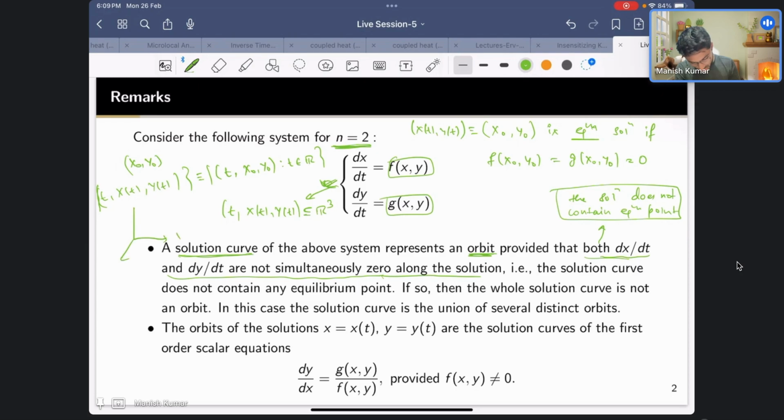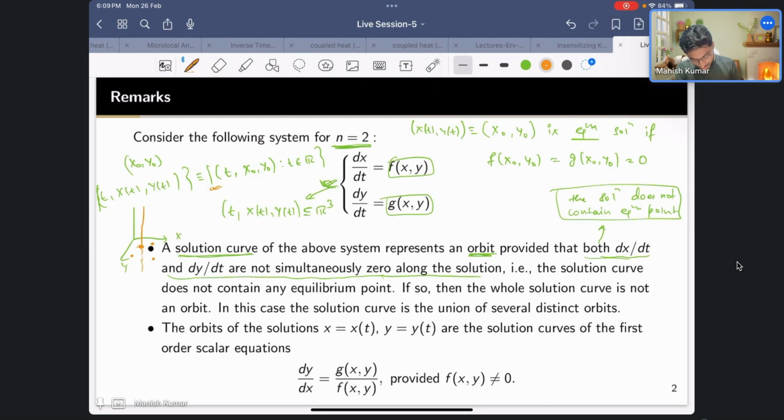suppose this is x, this is y. If you increase the value of t, whatever value x naught, y naught, suppose it's here, then this is what this set is representing. So the solution curve corresponding to this equilibrium solution is just a straight line, right? Suppose these are the critical points or equilibrium points.